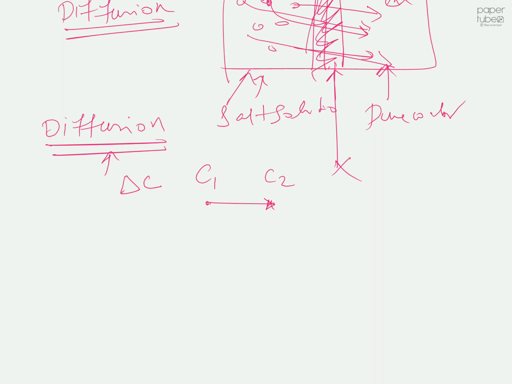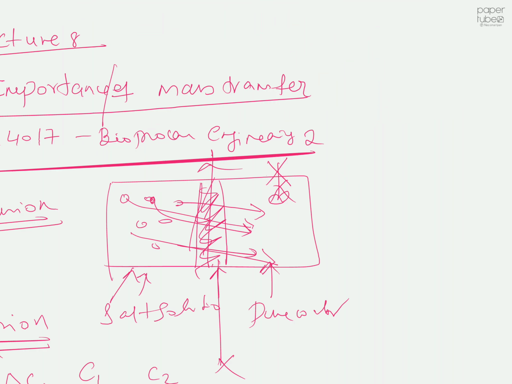Equilibrium is a point at which, if you put a probe in any of these compartments, it will read the same concentration inside this box. That's the meaning of diffusion.